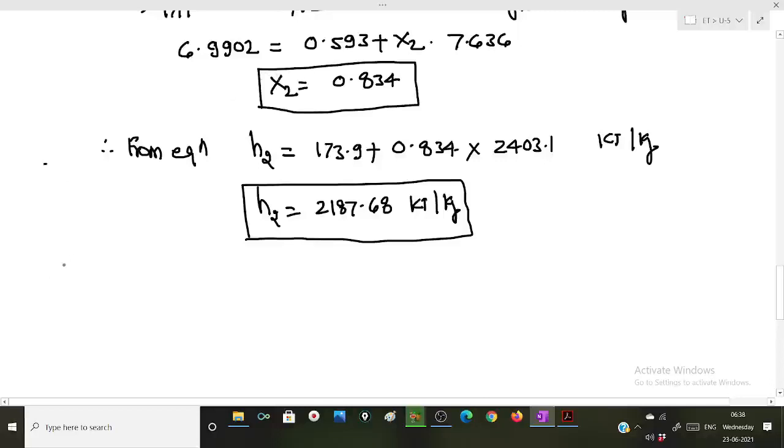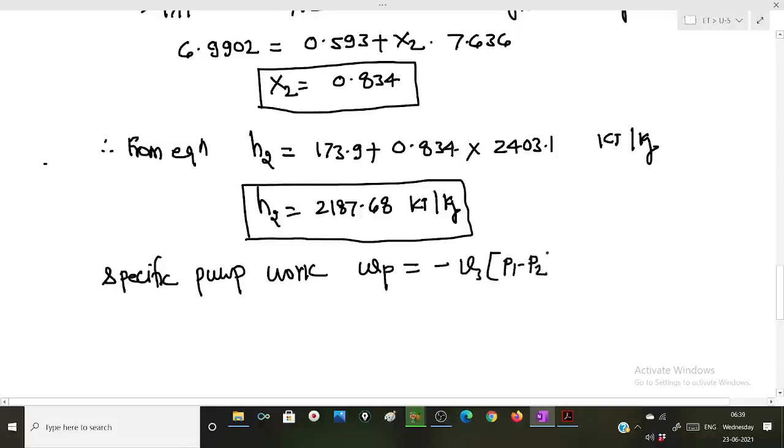Now let us get the value of H4. For that I have to recall the specific pump work. We have two different formulae for specific pump work: minus V3 into P1 minus P2 is equal to H4 minus H3.